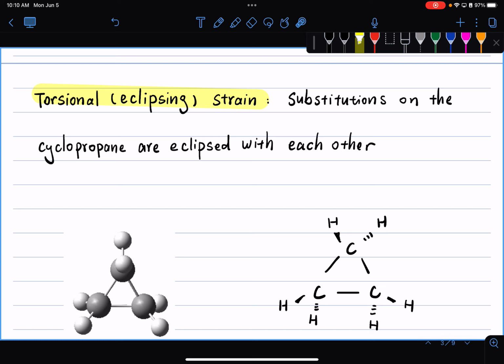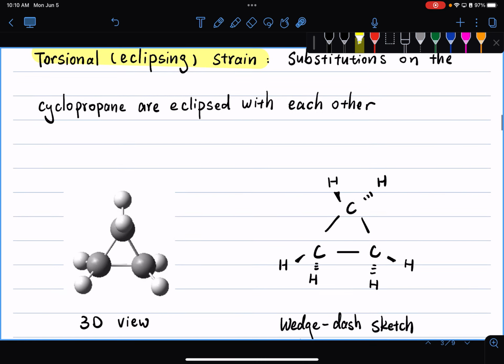We covered torsional strain before when we were talking about 1,3-butadiene and why cis 1,3-butadiene is less stable compared to trans 1,3-butadiene. Now this is a similar scenario. We're talking about substituents on the cyclopropane being eclipsed with each other. So what does that mean?